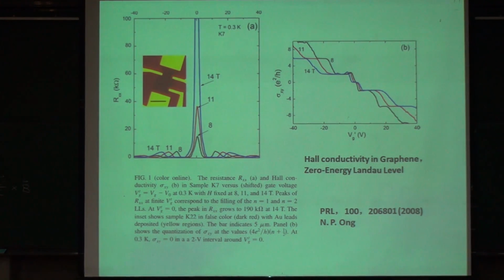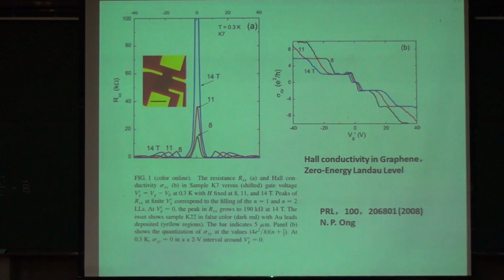However, at this small plateau, the longitudinal resistance becomes very large. If you reduce the temperature, it goes up. So in fact it's a peak, because as you lower the temperature it goes up. So just from this longitudinal resistance, you can tell it is an insulator. It's not a quantum Hall state.